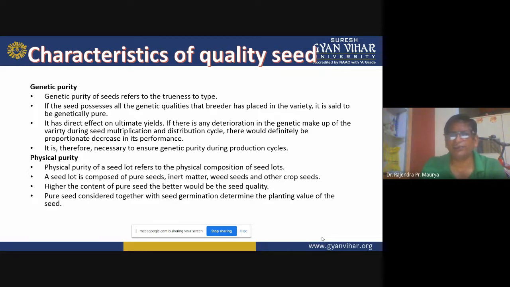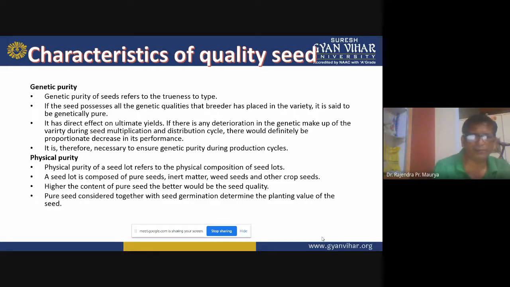Then the characteristics of quality seed. Genetic purity. Genetic purity of seeds refers to the trueness to type. Seed should be true to type, true to the specific variety. If the seed possesses all the genetic qualities that breeders have placed in the variety, it is said to be genetically pure.